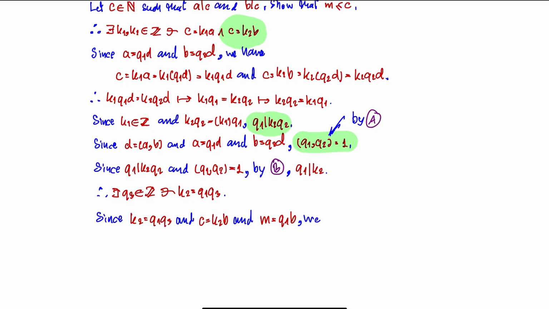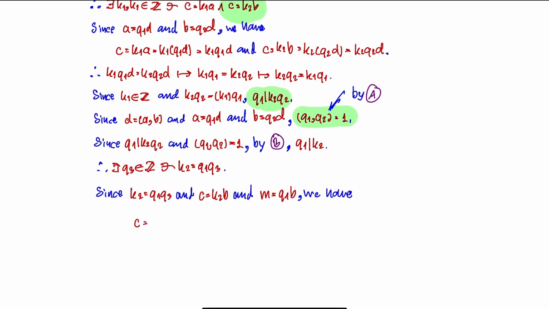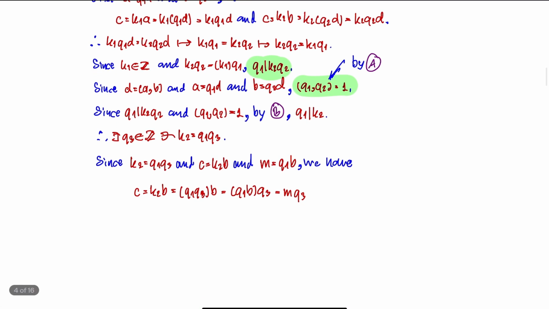So we have C equals k2 B, which equals Q1 Q3 times B, which equals Q1 B Q3. This term right here is M, so we have M times Q3.